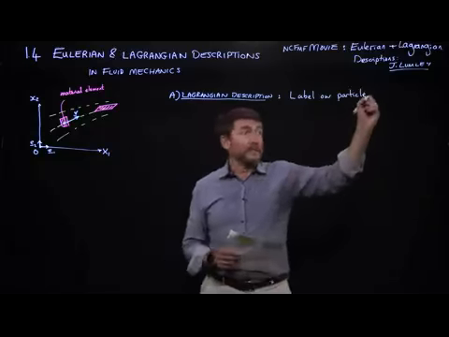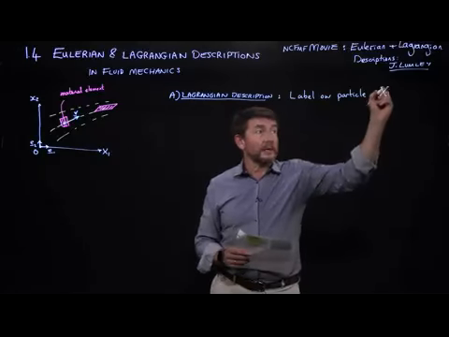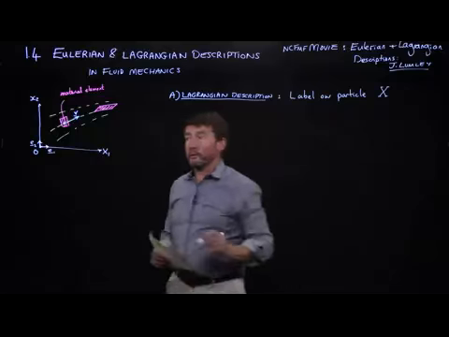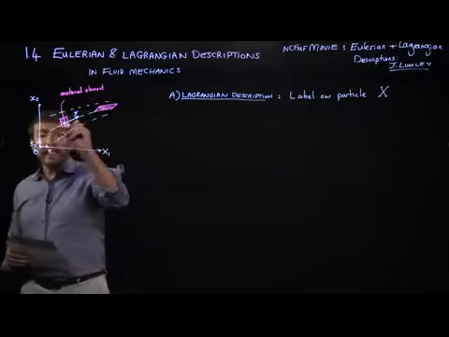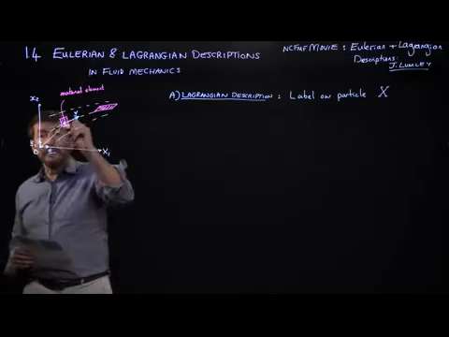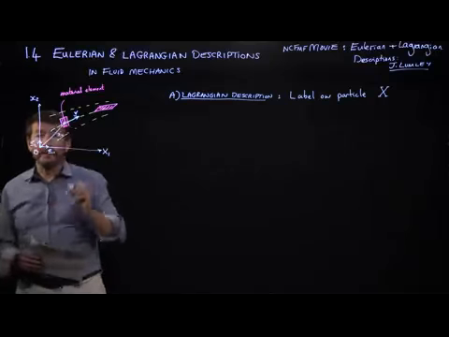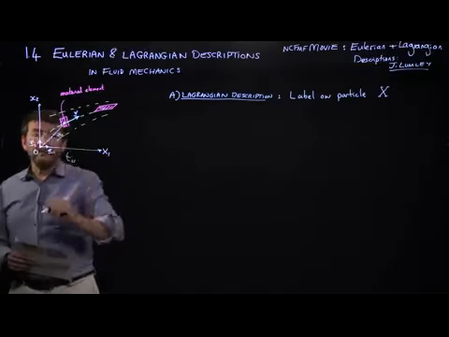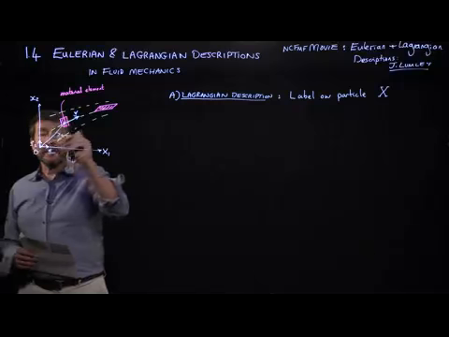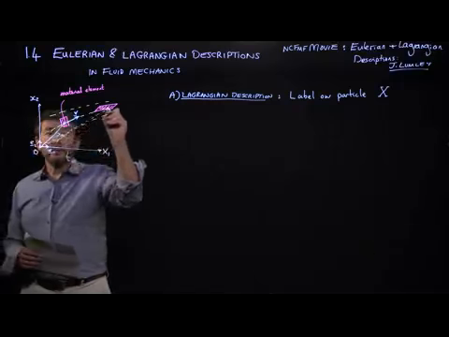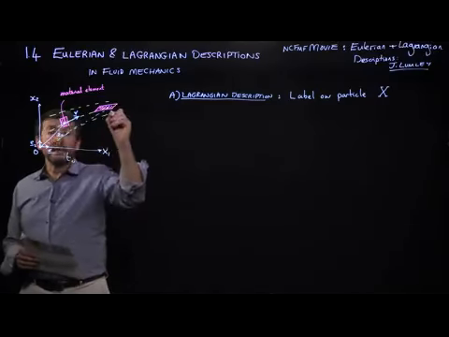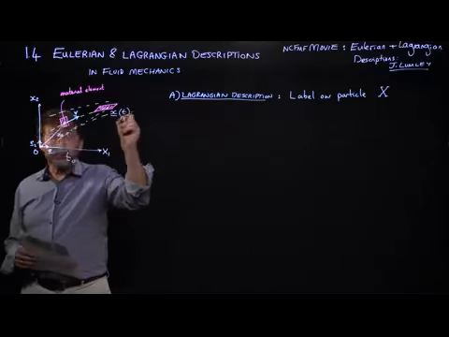So let's label this particle as x, and it's at an initial point in space, which we'll refer to as a vector position x0 at time t0, and then at some later instant in time it's moved to a new position, which will be x as a function of time.